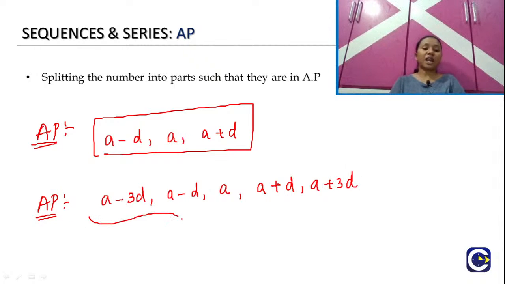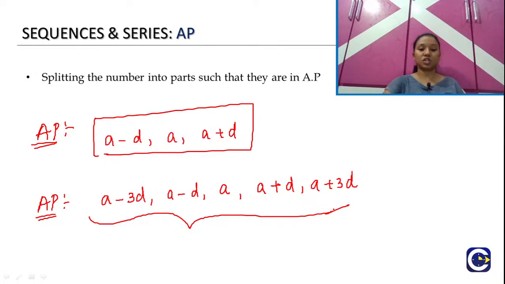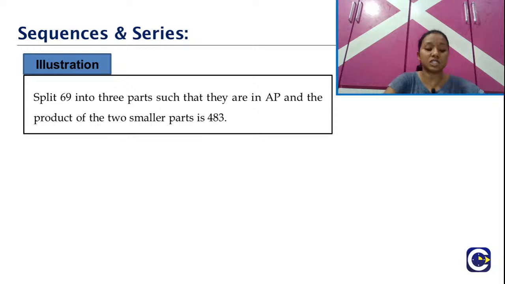Why do we consider them in such a way that they have both plus and minus? Because it helps us find the numbers very easily, which you will understand when we do a question. So let's do a question related to splitting a number into parts such that they are in arithmetic progression.